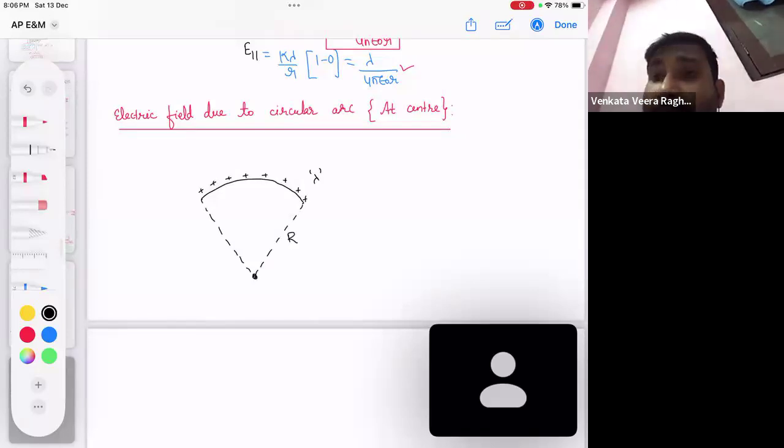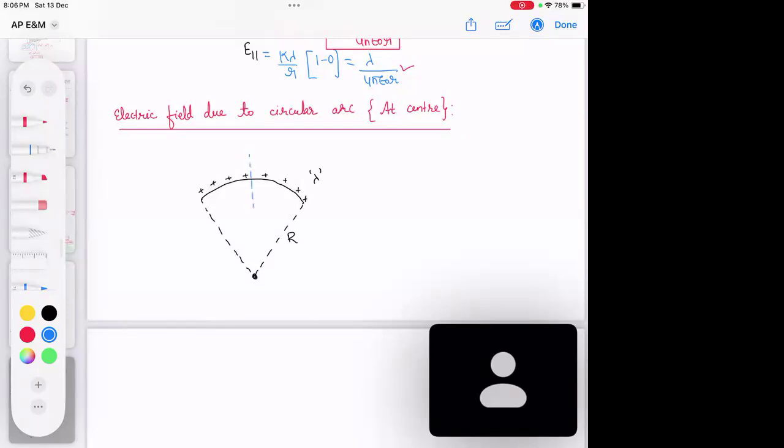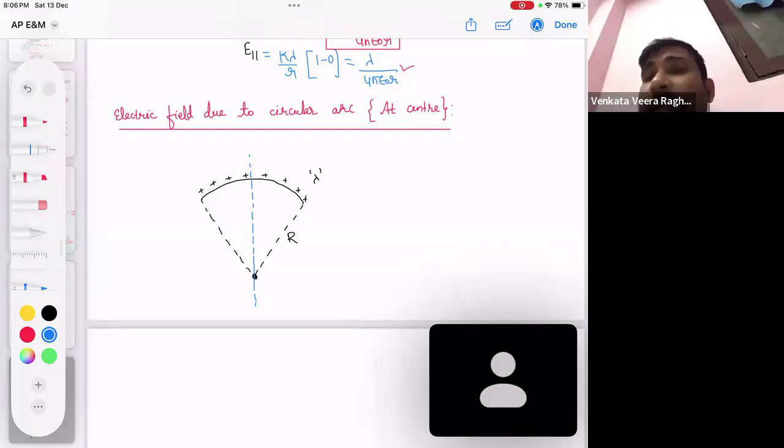Now if you calculate the field at the center, can you tell me what will be the direction of the field? Downwards. Downward, right? So whenever we calculate the field due to a circular arc, the field will always come along the line which is the angle bisector, drawn through the angle bisector.